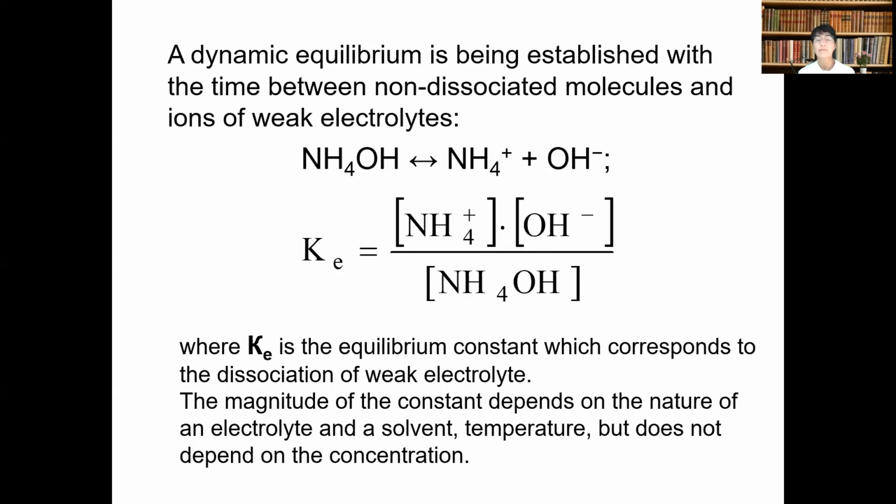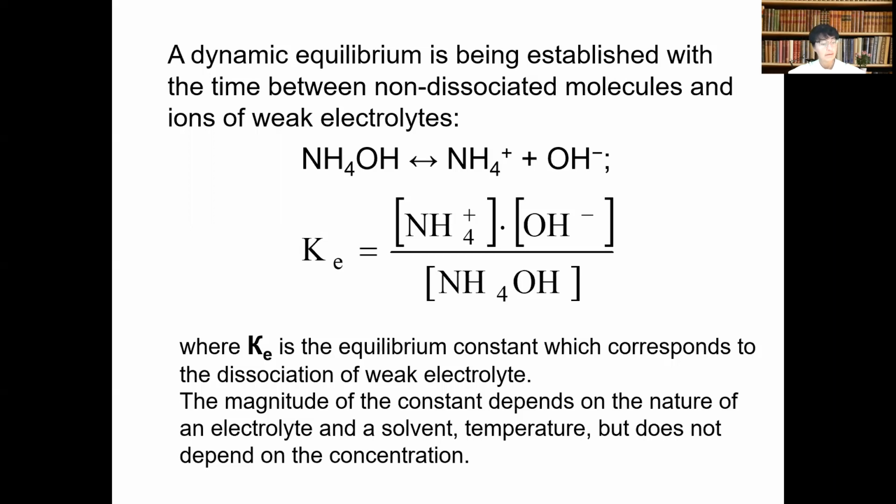A dynamic equilibrium is established with time between non-dissociated molecules and ions of weak electrolytes. You see on this slide an example of a weak electrolyte, ammonia solution, ammonium hydroxide.